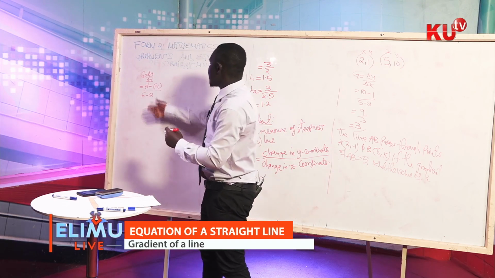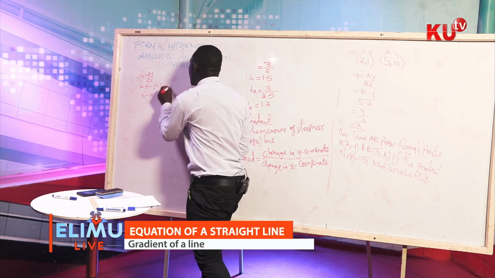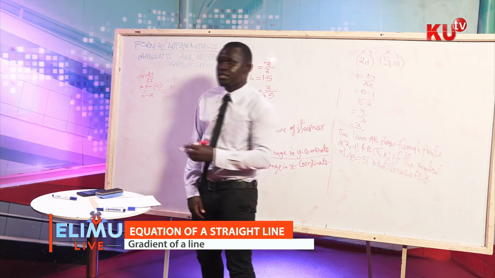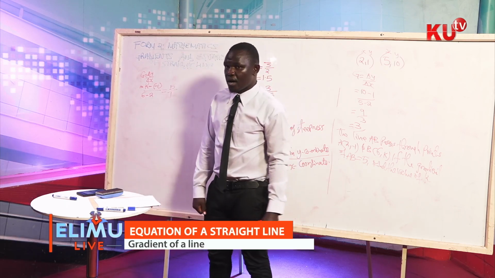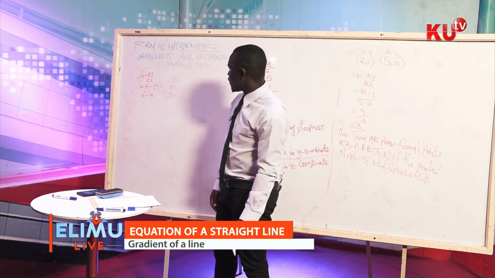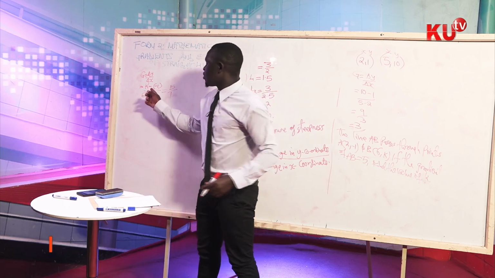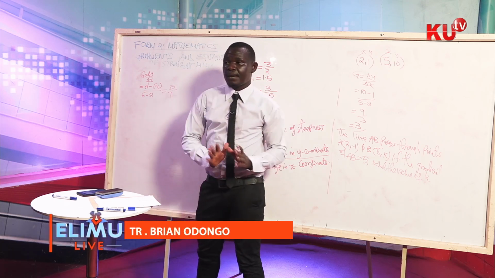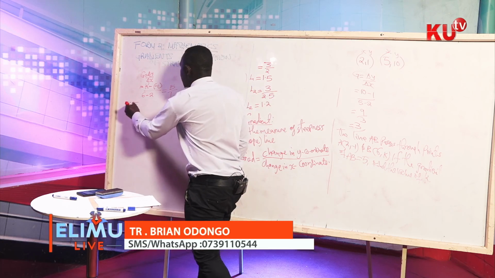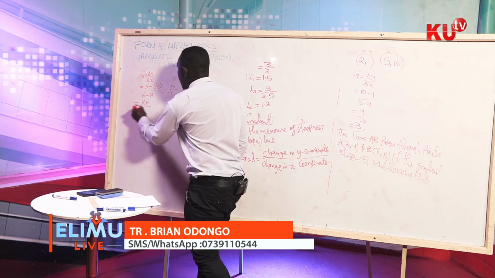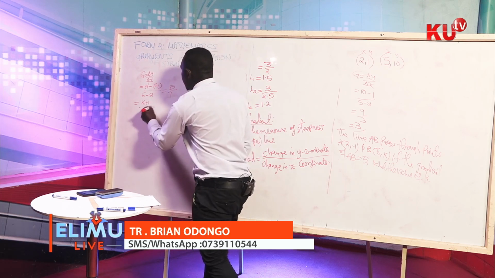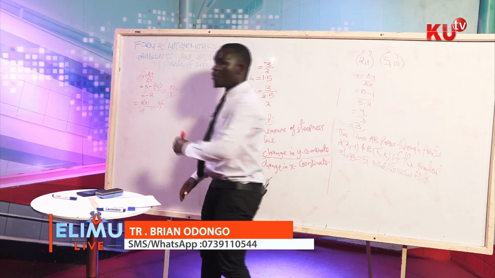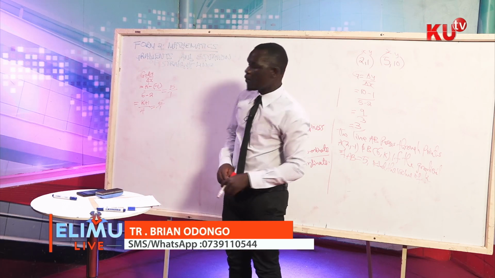This ratio gives you the gradient, which is equal to 5, which I can write as 5 over 1. You know that negative times a negative becomes a positive, so this evaluates to k plus 1 over 6 minus 2, which is 4, equal to 5 over 1.